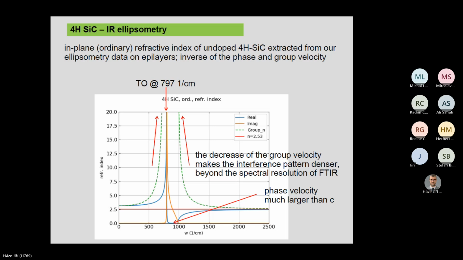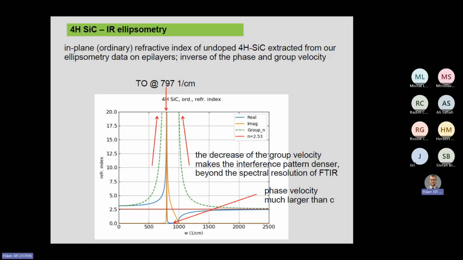And this quantity, of course, is always larger than 1. The group refractive index is this curve below the TO, and this is above the LO. Here you see it's above about 2.5 for 4H silicon carbide.